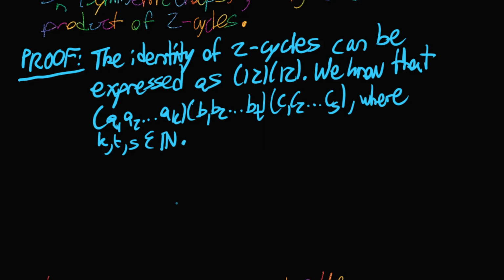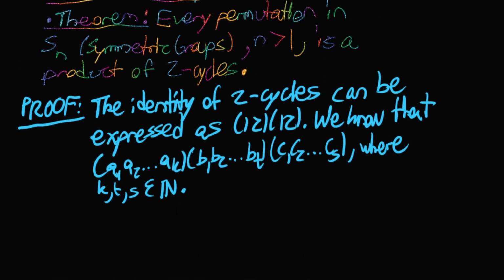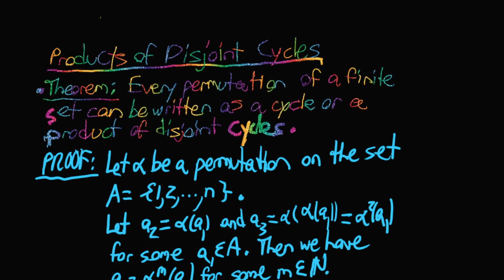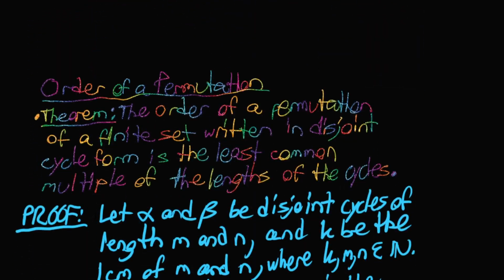And this was from, I believe, the first theorem that we looked at, the product of disjoint cycles, because we're looking at the products of two cycles now.